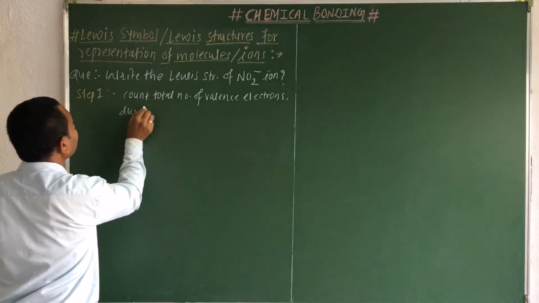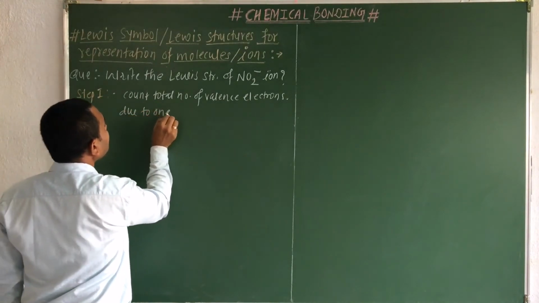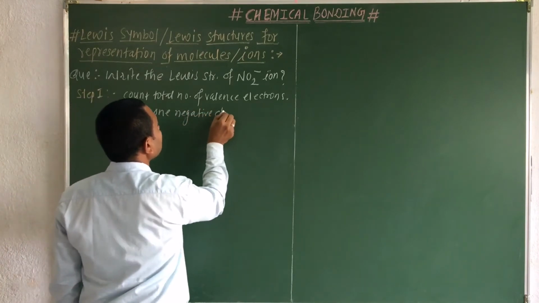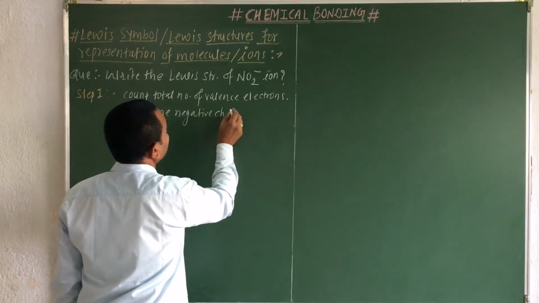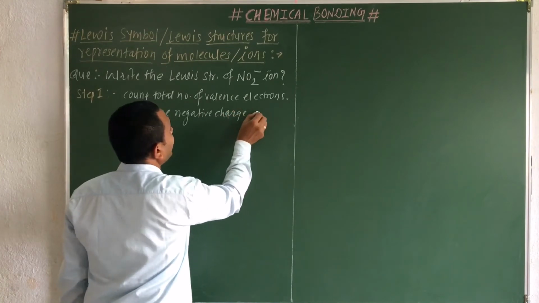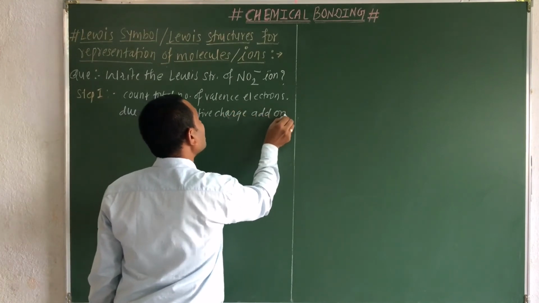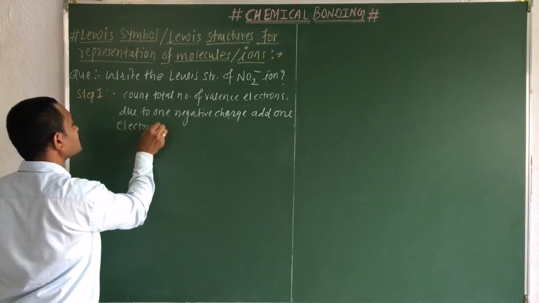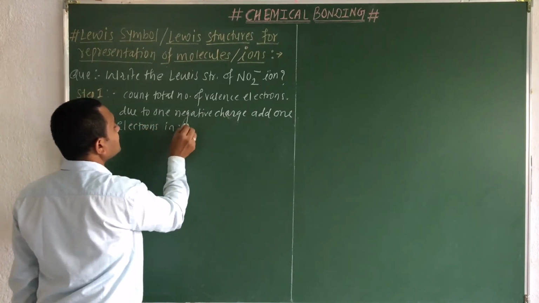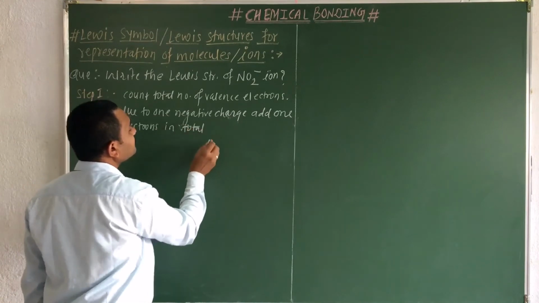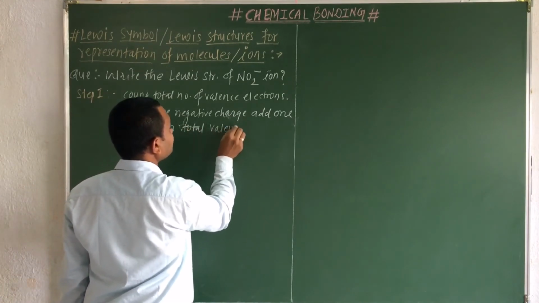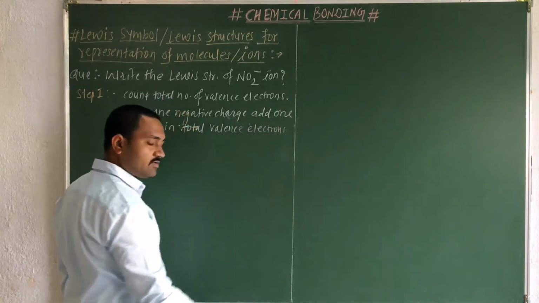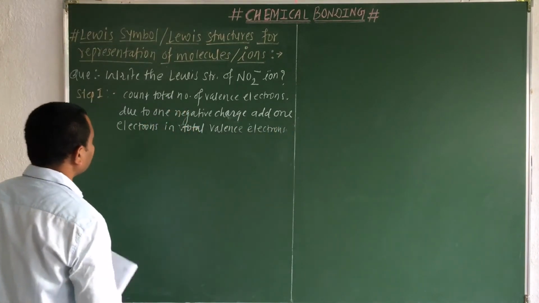So due to the 1 negative charge, add 1 electron in the total valence electrons. So actually we have combined step first and step second here.